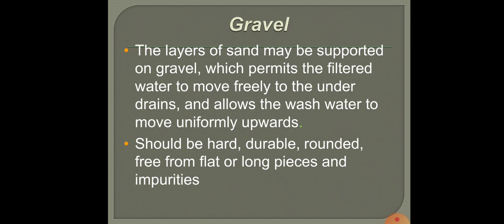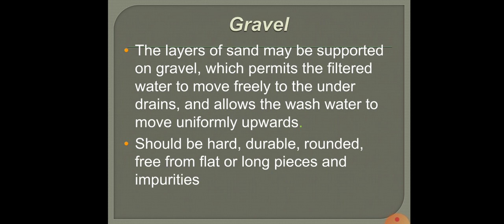Gravel: the layers of sand may be supported on gravel. We know that gravel is nothing but crushed rock. The coarse gravel may be used as a support for the sand, and it permits the filtered water to move freely to the drains below, and it also allows the wash water to move uniformly upwards.